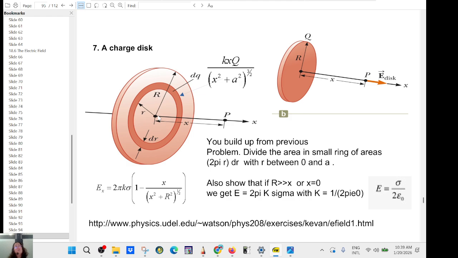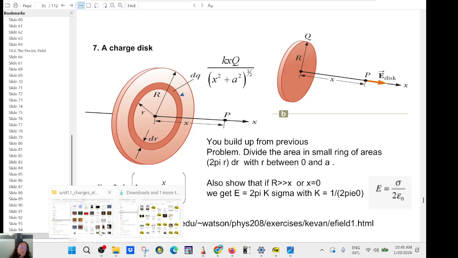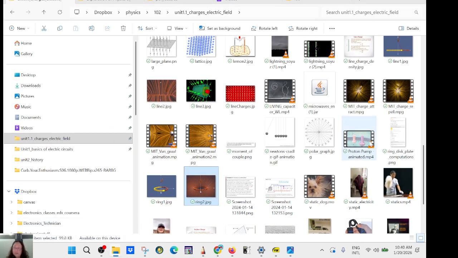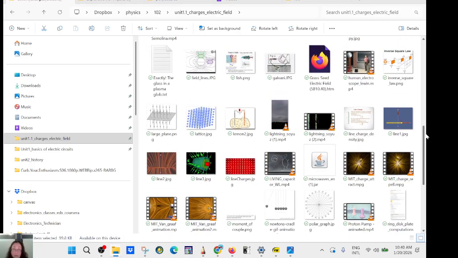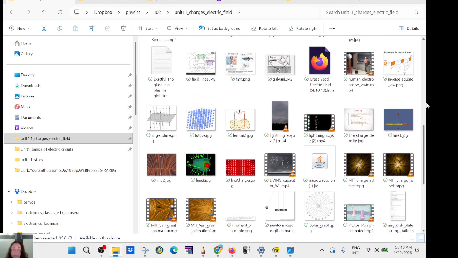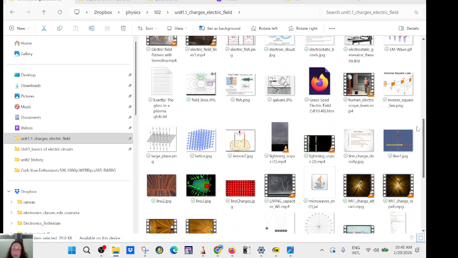So when we do the integral, we're going to add the electric field from this little ring, and then that little ring, and then that little ring, because we go from 0 to R. So it's a typical approach in mathematics. Before I show you how to do it, I'm not going to do it, because otherwise, again, everyone will be lost. You have to do it on your own, right? It's a very good problem. I want to show you what it looks like.